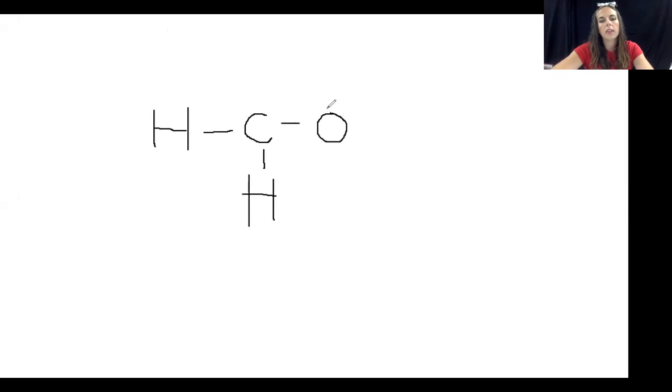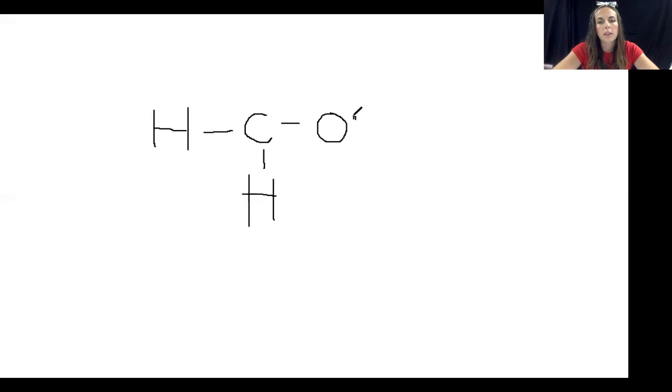Okay, so let's start thinking about where everything else is going to go. Well, this hydrogen has all it needs because it has 2 valence electrons. This hydrogen as well. And carbon only has 6 right now. It needs 2 more. Oxygen needs 6 more. We have 12 to work with. So far we have 2, 4, 6.